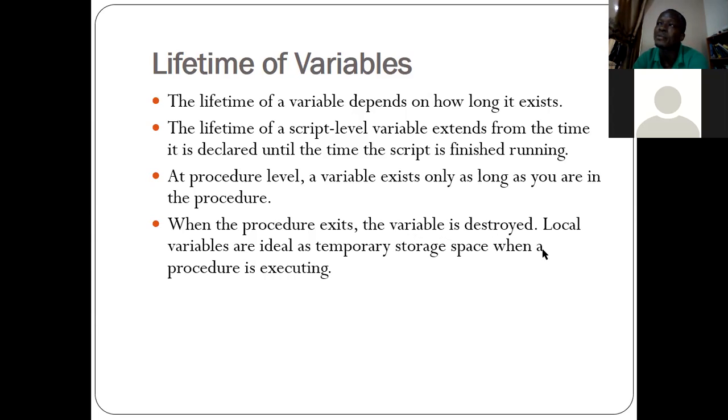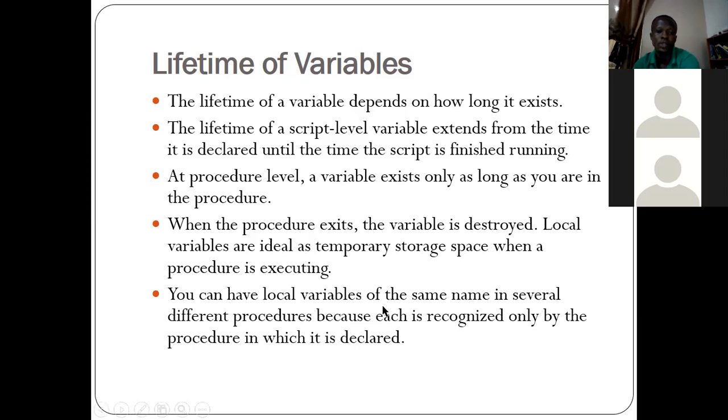So if your memory gets full and there's no space, the computer will just crash. It won't work again. Local variables are ideal as temporary storage space when the procedure is executing.